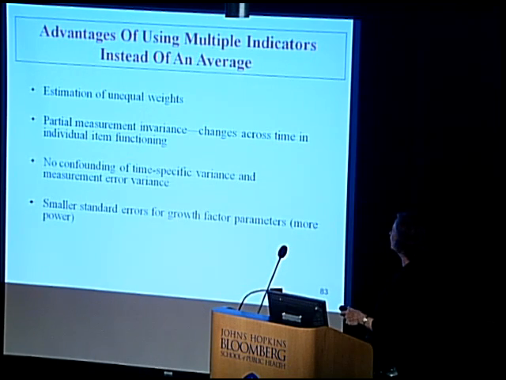If you sum the items and take the average, you've built the assumption of measurement invariance into averaging those items, so then you have no way to test it. You also can separate time-specific variance and measurement error variance, and it's a more powerful model because you have smaller standard errors, so you have more power to detect differences from zero.